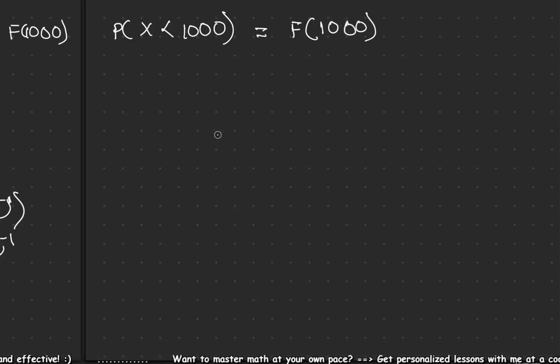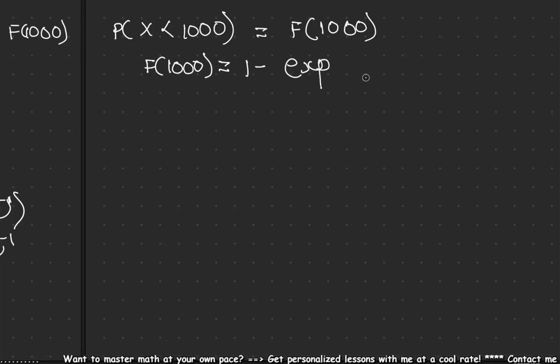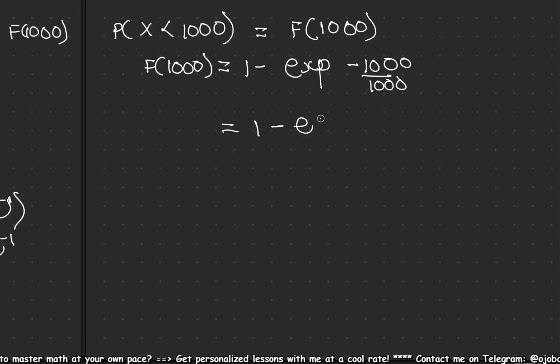You see, then now we do our substitution. We know f at 1,000 is going to be equal to 1 minus the exponential at what? Negative 1,000 over 1,000. Alright, and this is simply 1 minus the exponential at what?